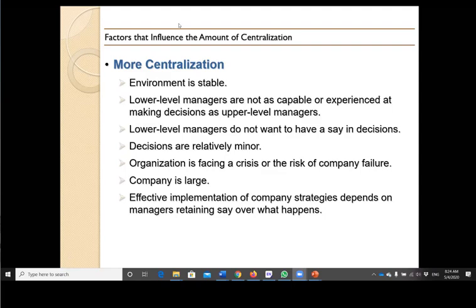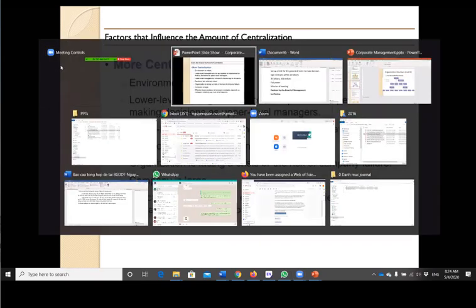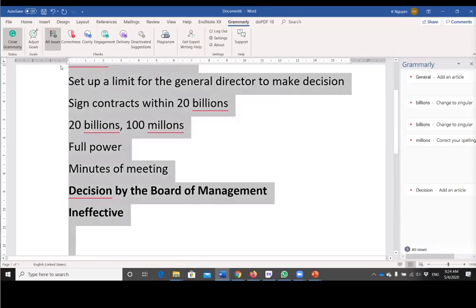Vinh, Linh, Hưng. Okay, Hưng. So Chris's idea is because that's a strategic matter. Strategic. You get the word? You catch that word?